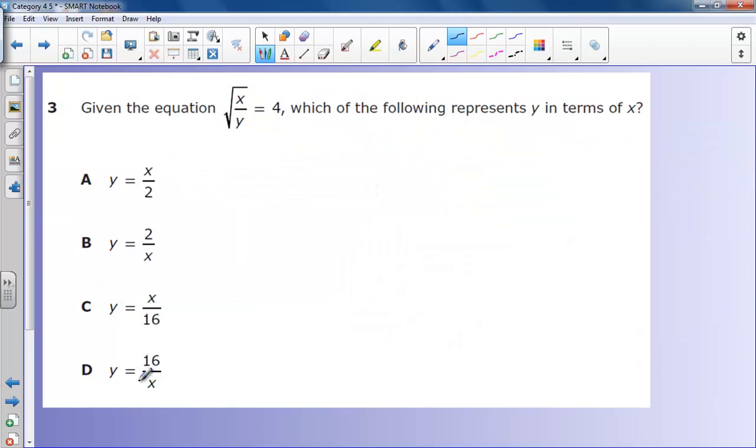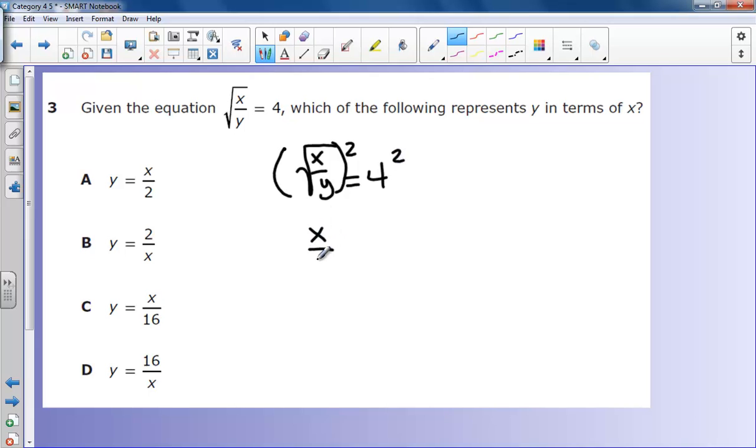Pulled some questions from released EOC questions from last year, related to square roots and solving. And so given this equation, the square root of x over y is equal to 4, what would represent y in terms of x? So basically what we mean is solve for y here. So if I have this as my equation to start with, then I'm going to go ahead and square both sides.